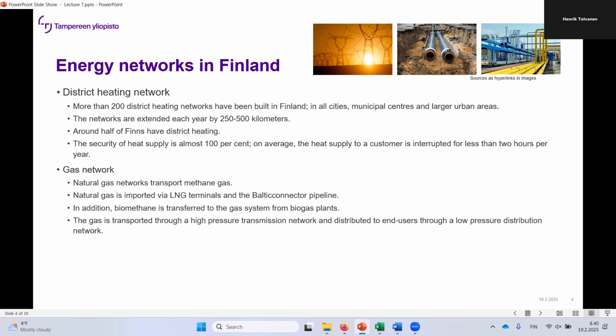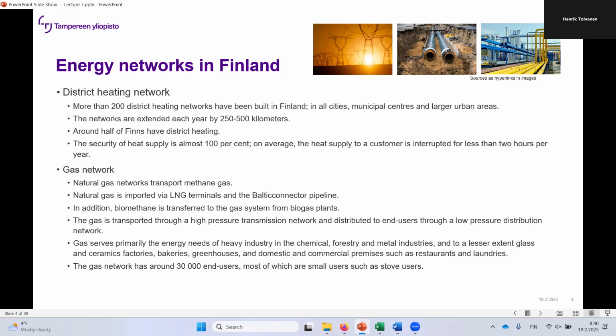But 2 or 3 years back, when the natural gas prices started soaring because of the energy crisis, they quickly started changing those systems. So a lot of them got, for example, maalämpö, what's that in English? I'm having an outage. So the heat pumps that take heat from the ground.